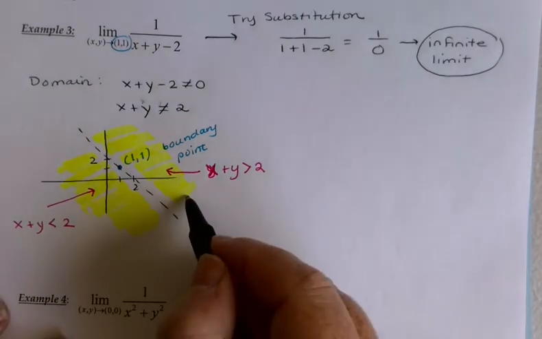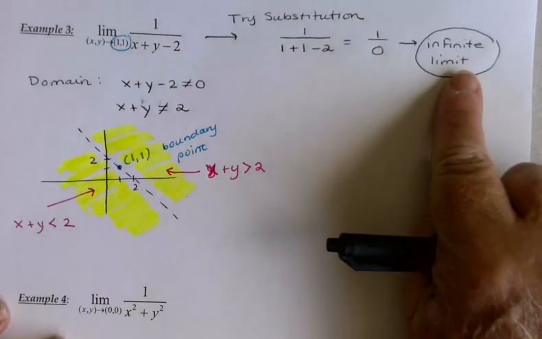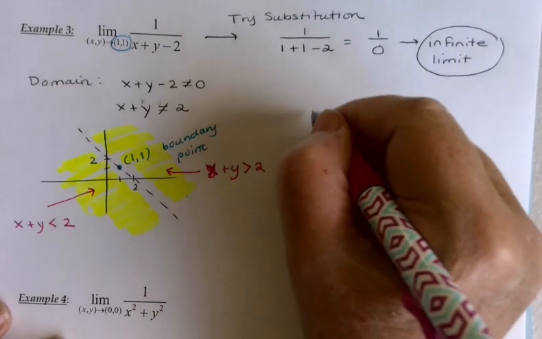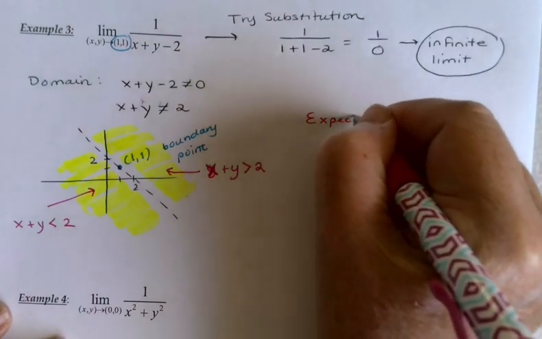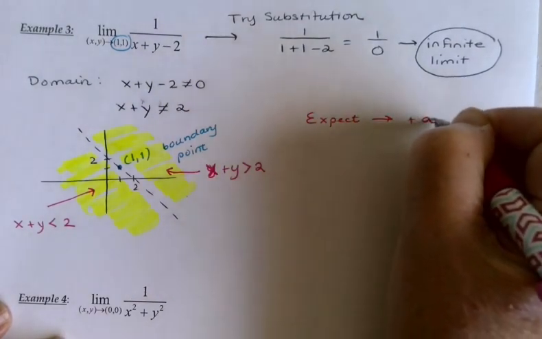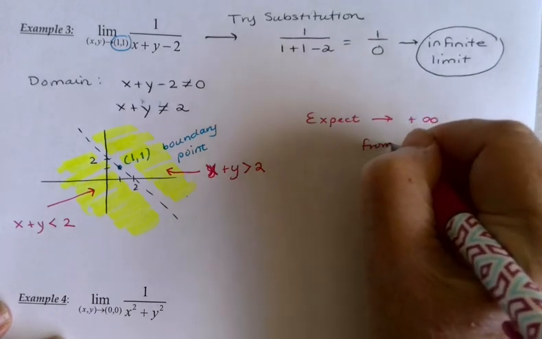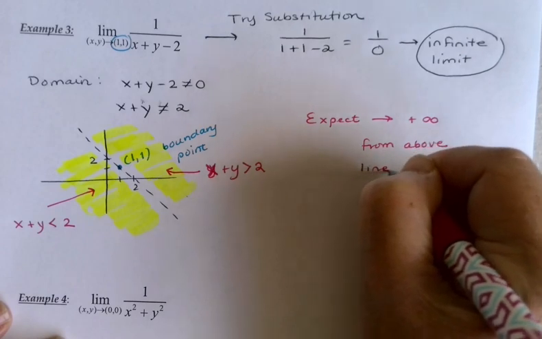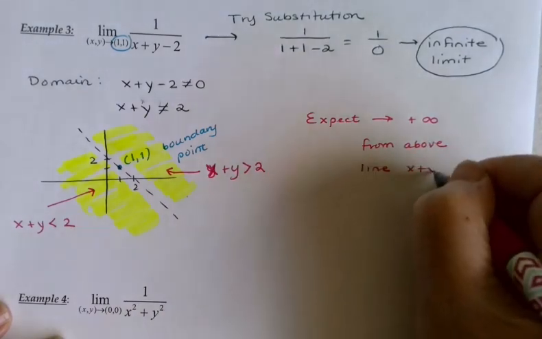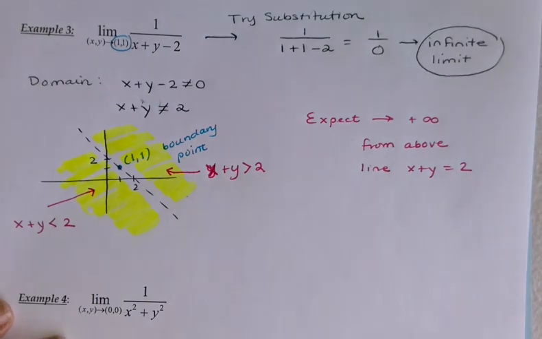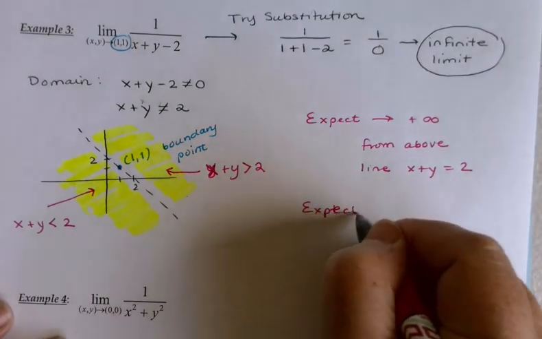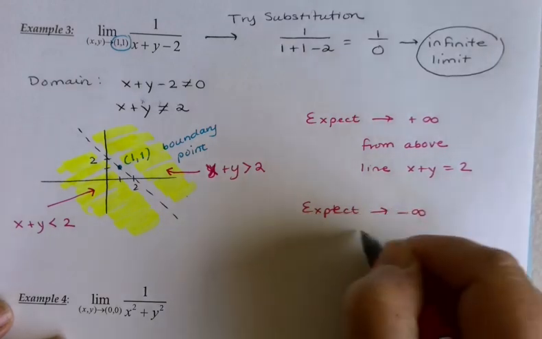So on this side, since I already know it's an infinite limit, I would expect this side to go towards positive infinity. So from above the line x plus y equals 2, we expect to go toward positive infinity. And we expect to go towards negative infinity from below.